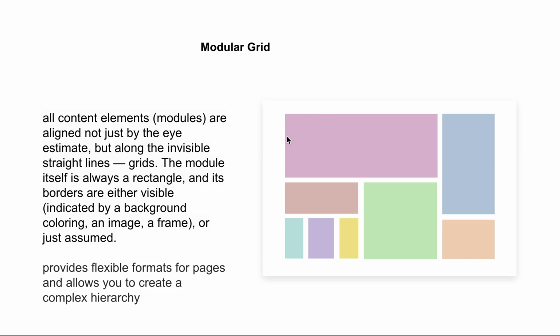Or it could also be another image that's behind here in the background or a frame, such as you could outline this in black or purple, whatever color you want. It provides flexible formats for pages and allows you to create a complex hierarchy. For instance, you could put font right here and put a giant hero image up here. It really depends what you want people to pay attention to when you first get onto the screen, and how you organize it is totally up to you.